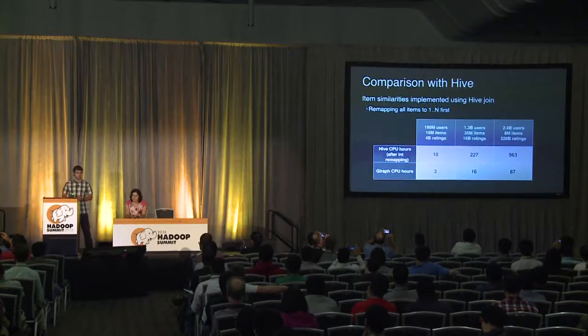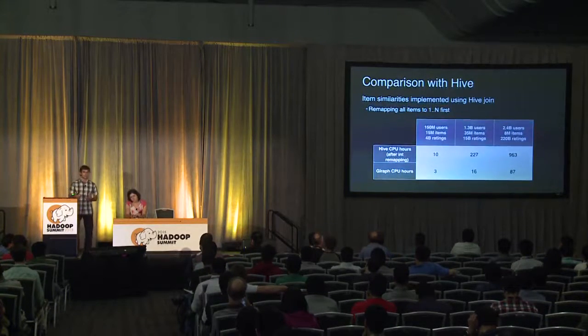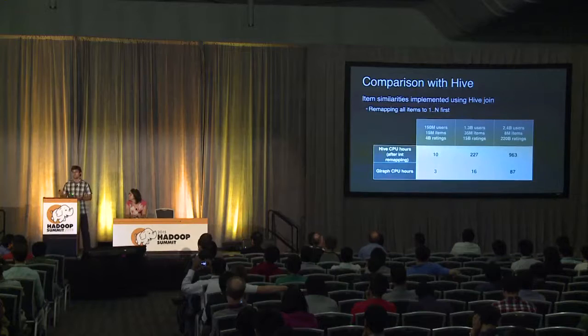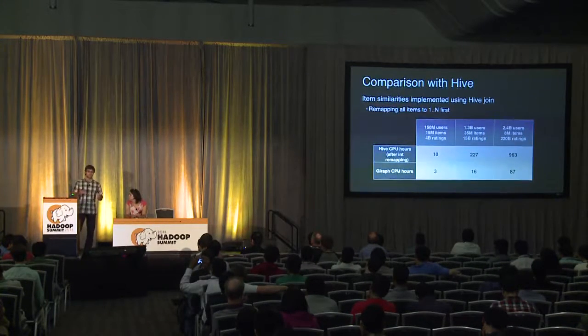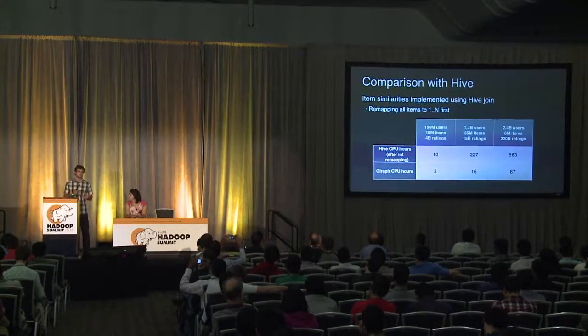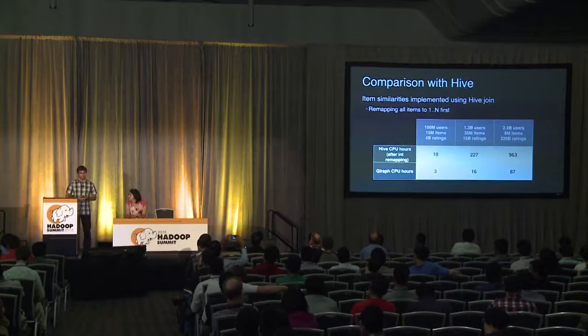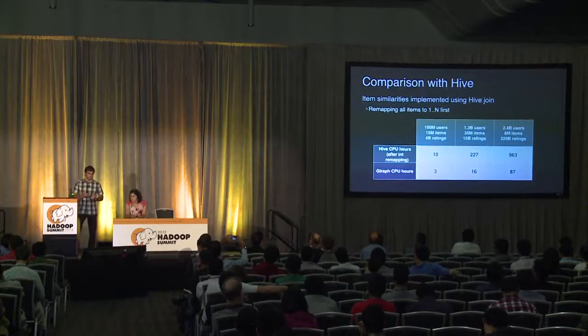Furthermore, for the Hive implementation, we had one small, relatively standard trick to optimize these queries, which is remapping all IDs to start from 1 and to be consecutive. This way, we actually reduce the data size as well as speed up the computation. But we actually didn't include this in the following table because that requires pre-processing of the data.